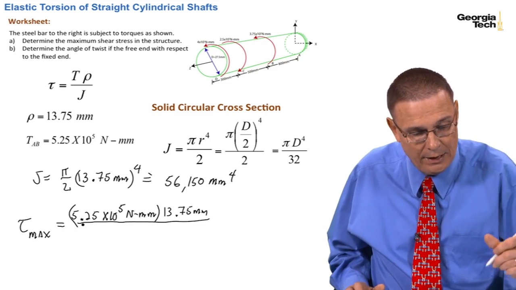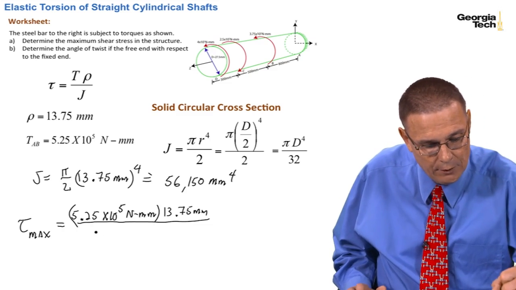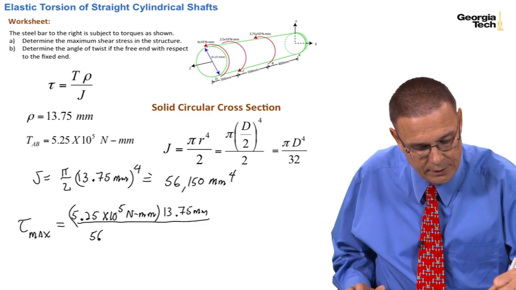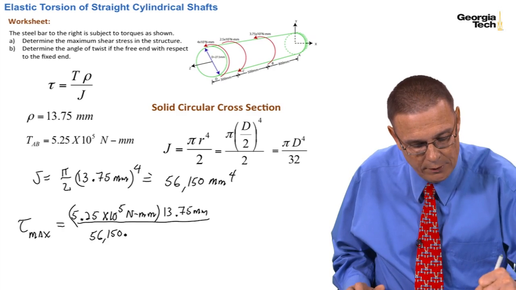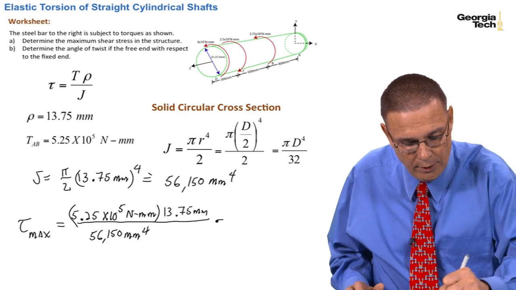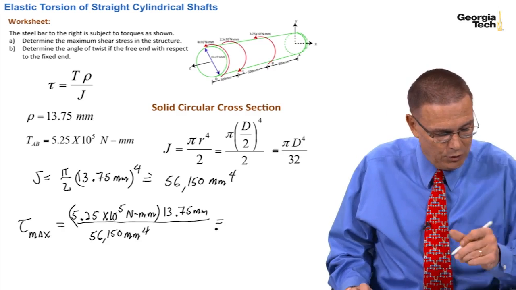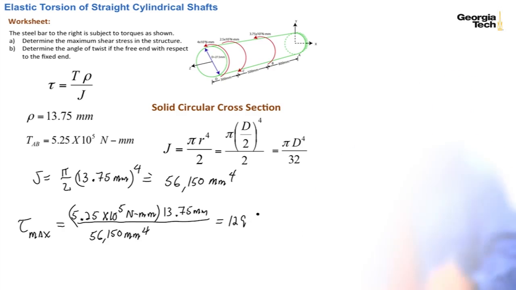And we're going to divide that by J, which we found to be 56,150 millimeters to the 4th. And that gives me 129 newtons per millimeter squared. Newtons per millimeter squared is the same as megapascals, so this is 129 megapascals.